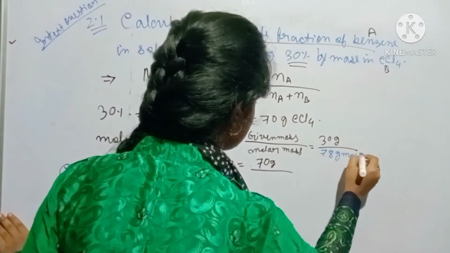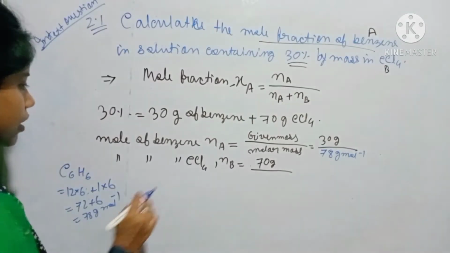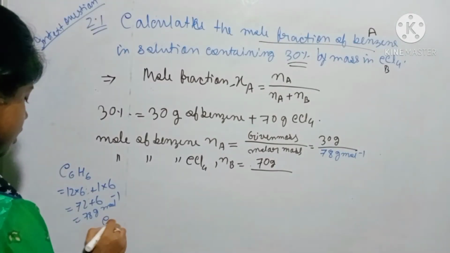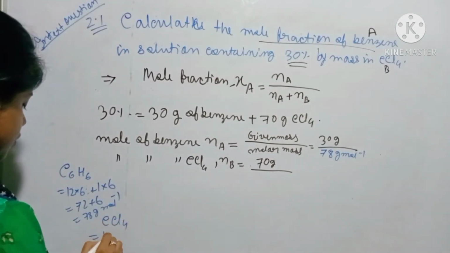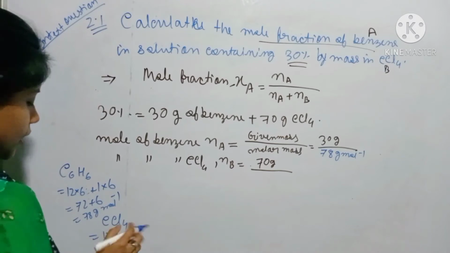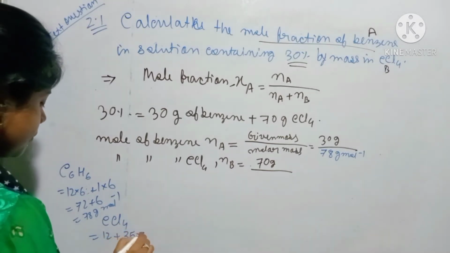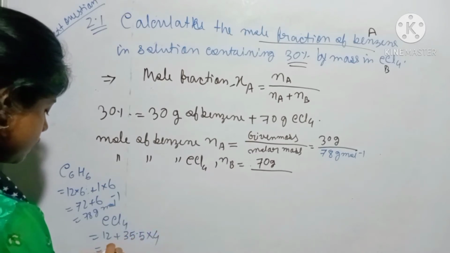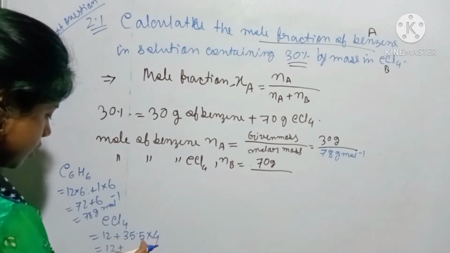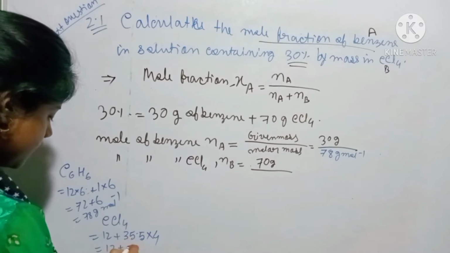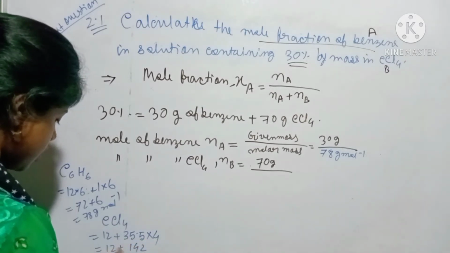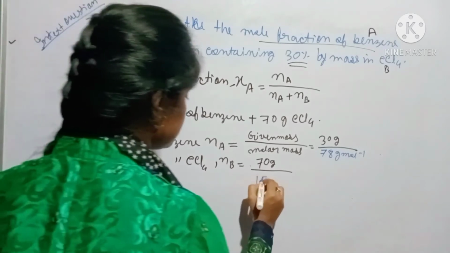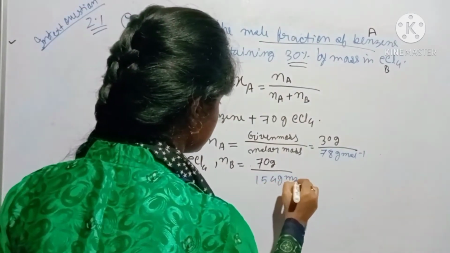And for CCl4 it's 12 plus chlorine mass around 35.5 into 4, which is 142, so 154 gram per mole.